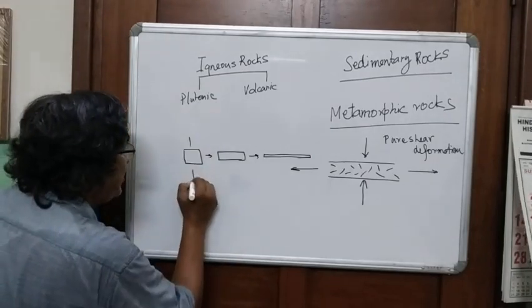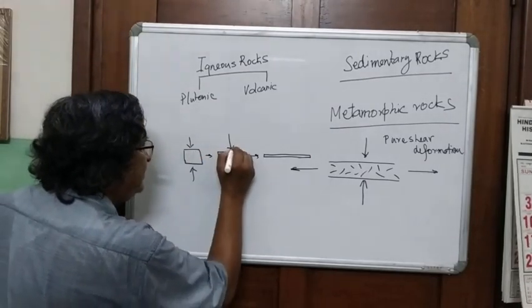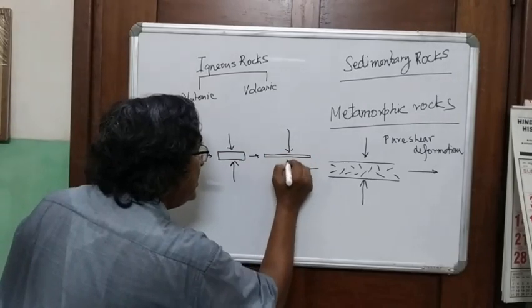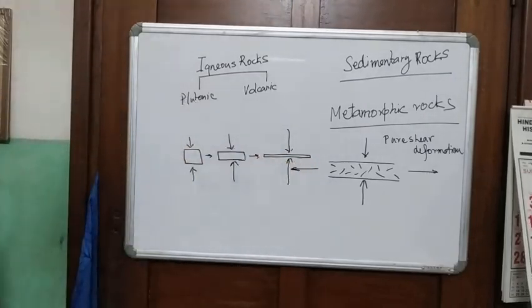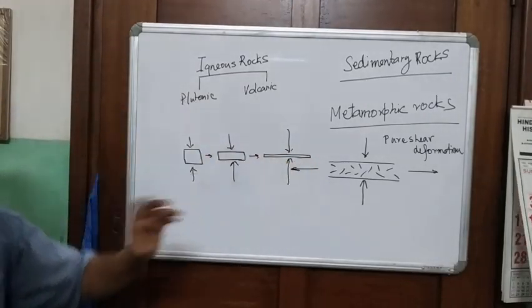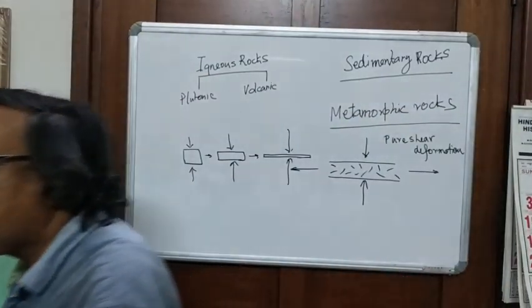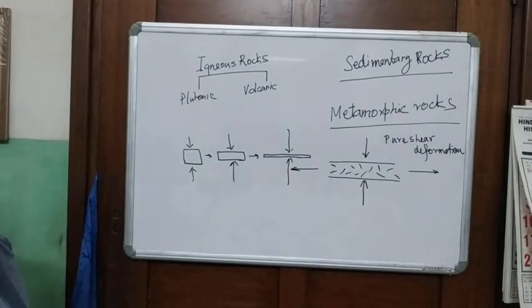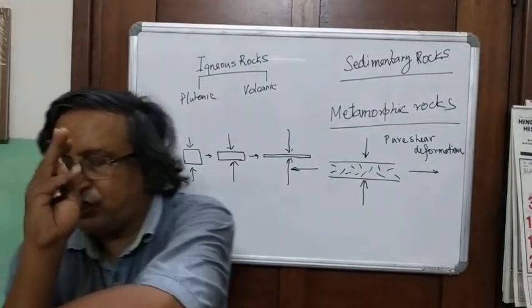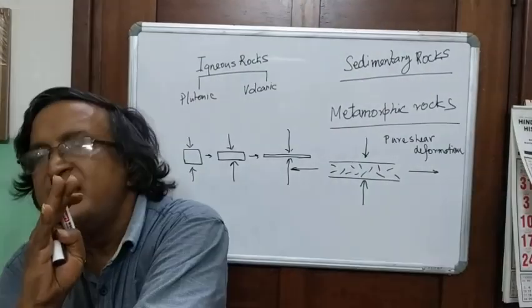But essentially, this orientation does not change. It can change in magnitude, but not orientation in space. So these are called irrotational shears. The orientation of the shortening and the extension axis remain the same.